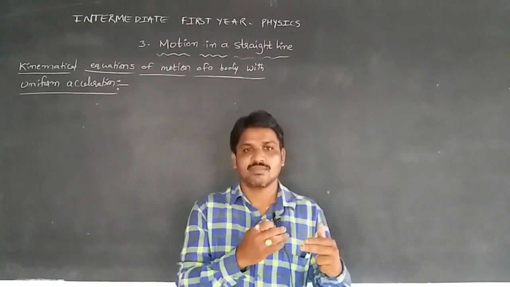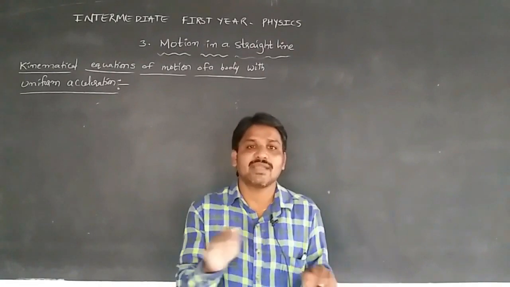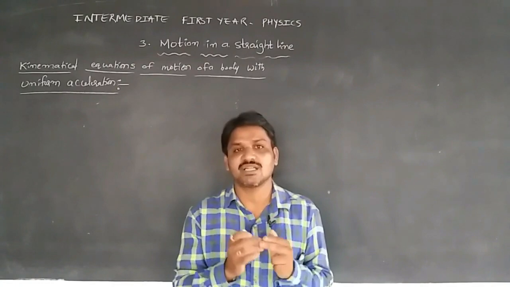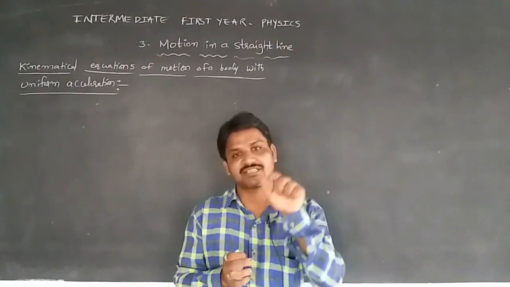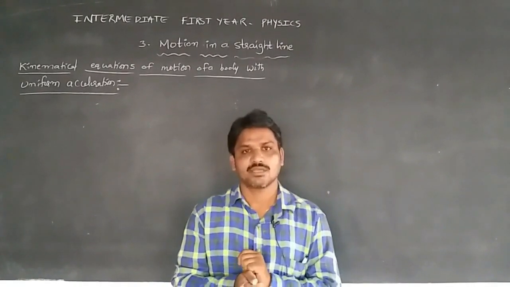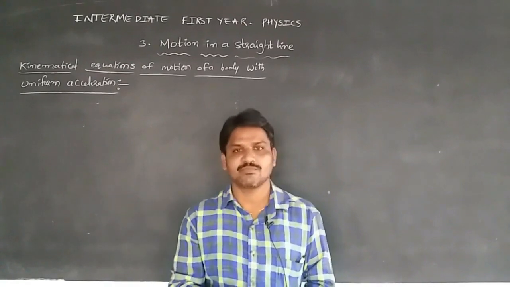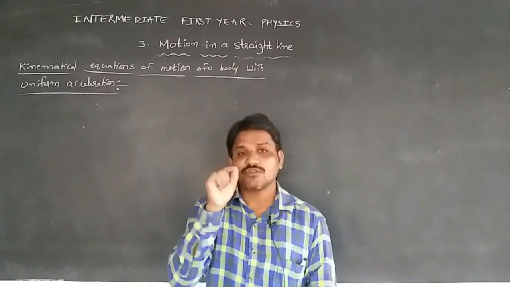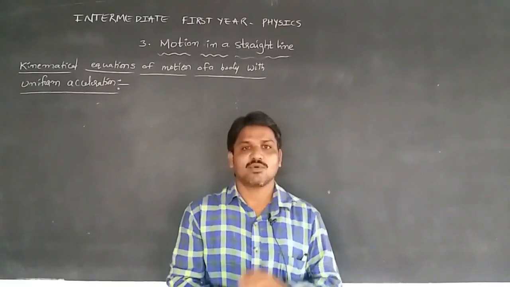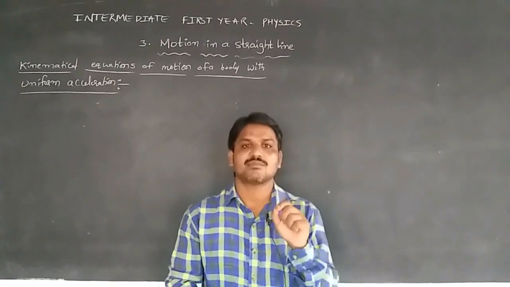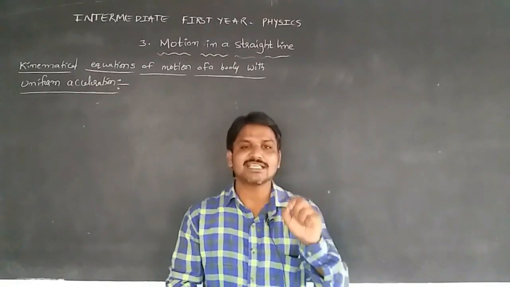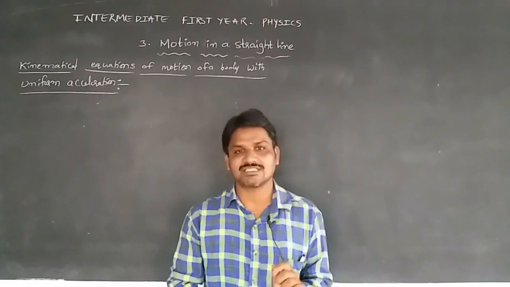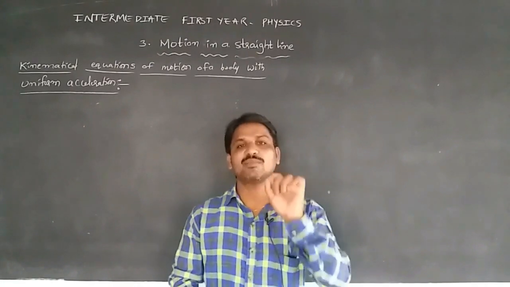It is not maintaining the same velocity. If it maintained the same velocity, that would be uniform velocity, and then the acceleration would be 0. So uniform acceleration means the body must be increasing its velocity in equal intervals of time.